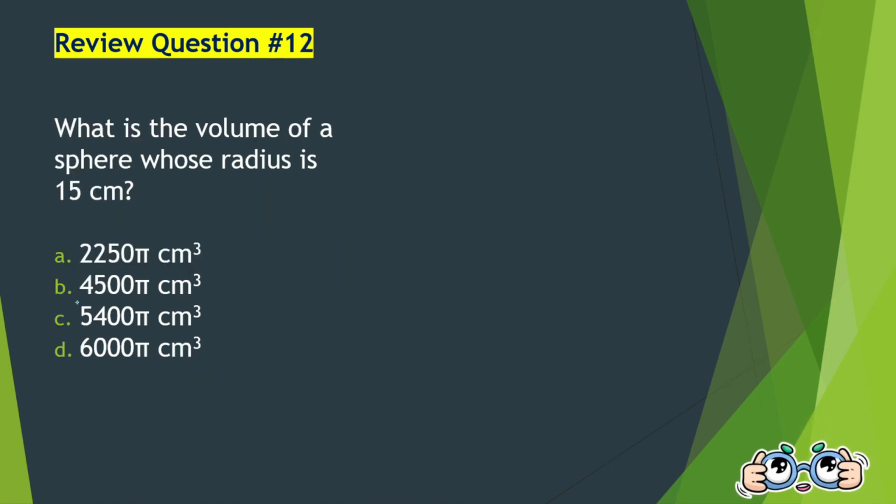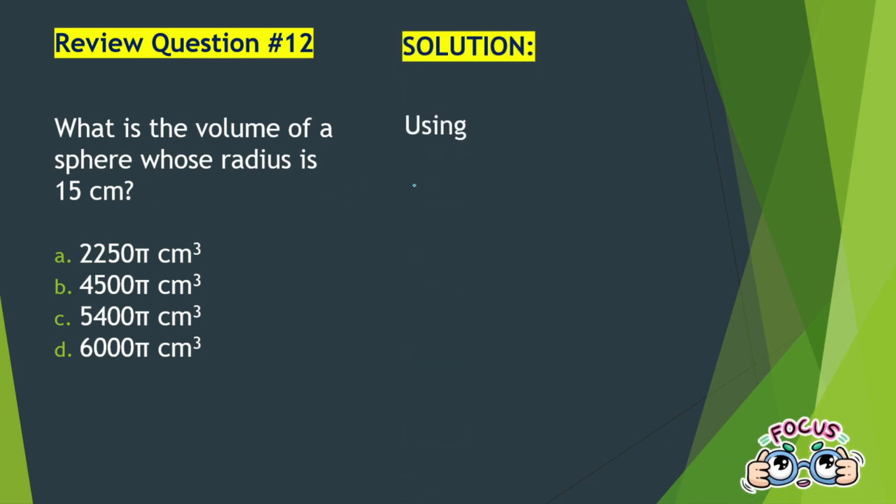What is the volume of a sphere whose radius is 15 cm? 2,250 pi cubic centimeter, 4,500 pi cubic centimeter, 5,400 pi cubic centimeter or 6,000 pi cubic centimeter. So to get the volume of a sphere, we have the following formula. Ano itsura ng formula natin?